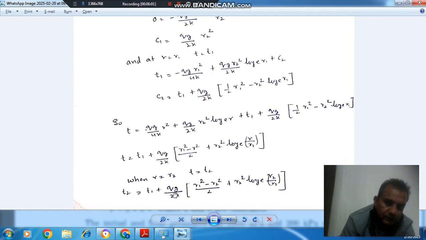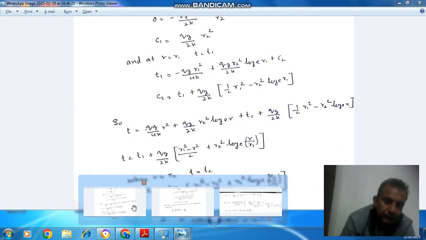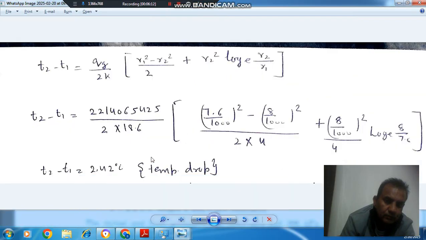So we can put these values and find the temperature drop. So T2 minus T1 is equal to this. Now we can put these values and find out the temperature drop. That comes to 2.42 degree Celsius. So that is the answer to that question.